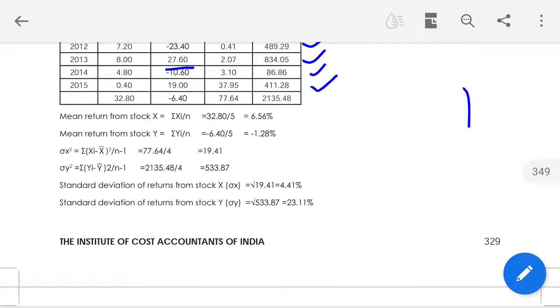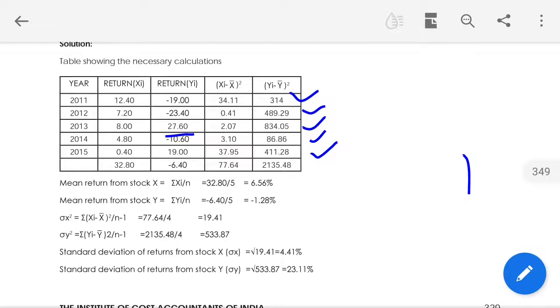So the sum of this x minus x mean square is 77.64. When it comes to y, 2135.48 divided by 5 minus 1. That becomes 19.41 as the variation of x, and the variation of y is 533.87.